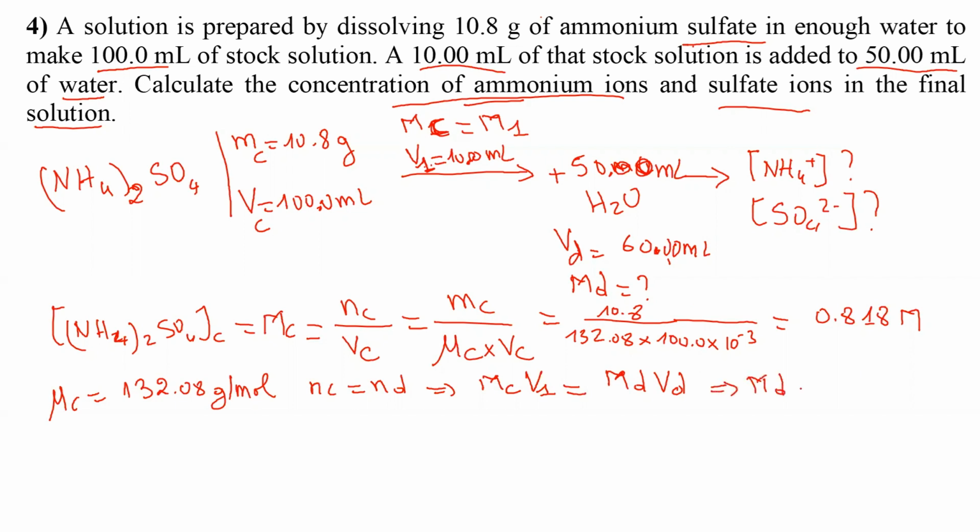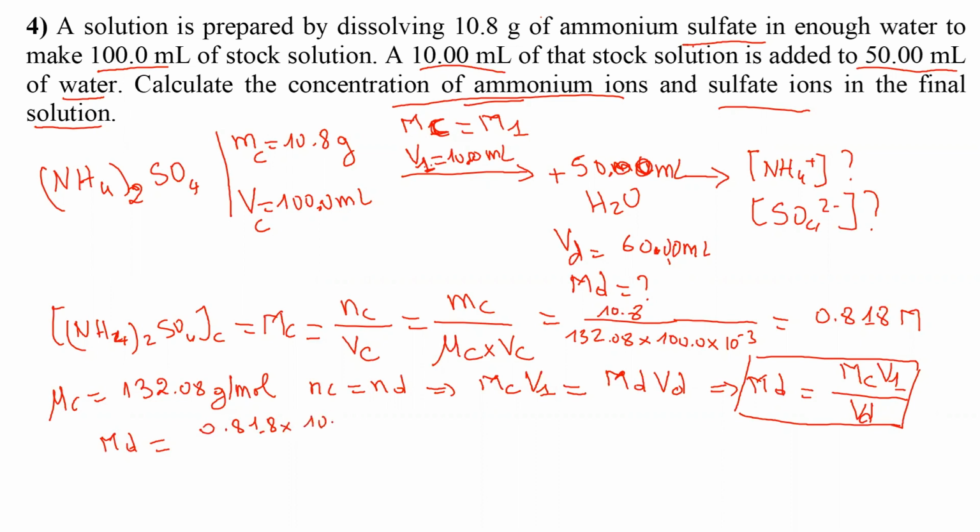MD equals MC V1 divided by V diluted. So MD will be equal to, what is MC that we calculated? 0.818 multiplied by 10 ml that I took.